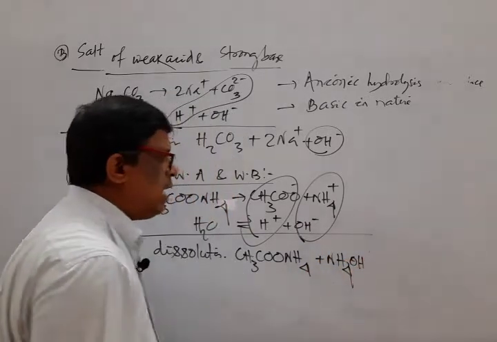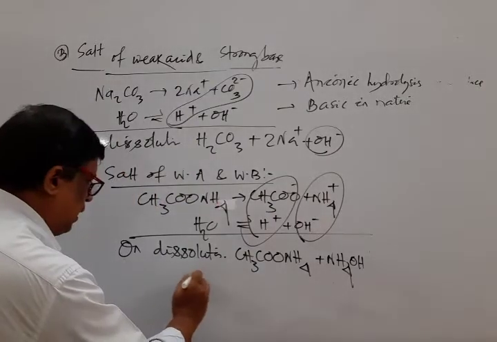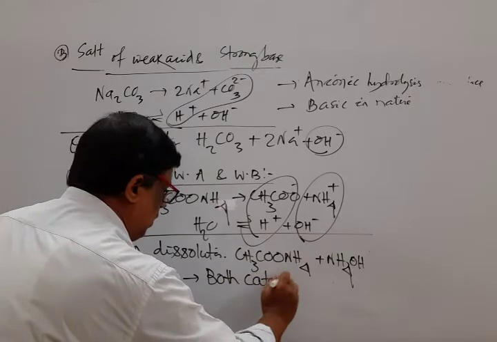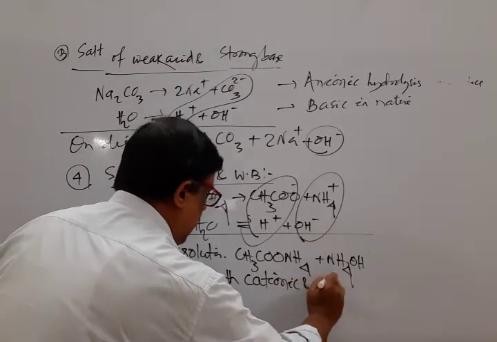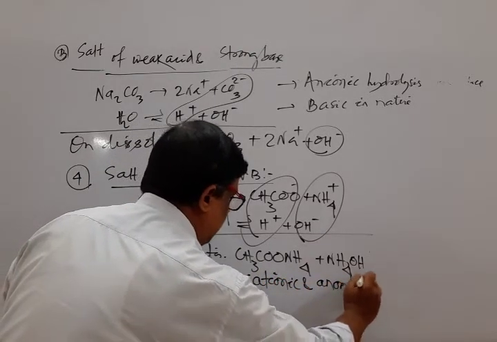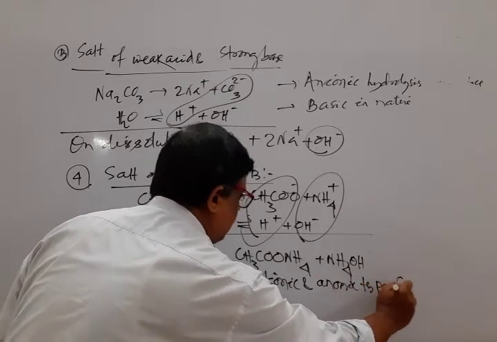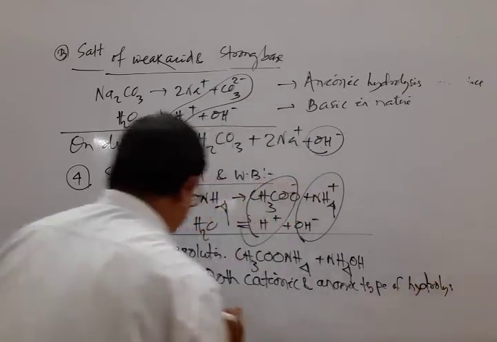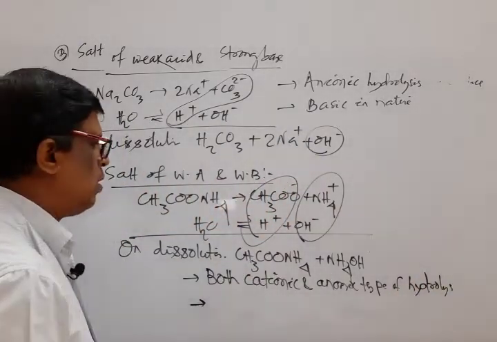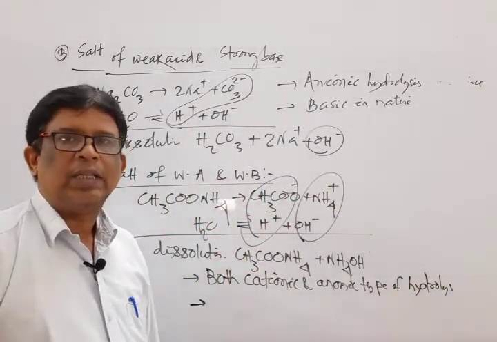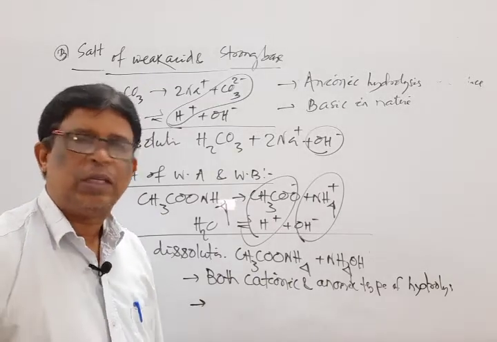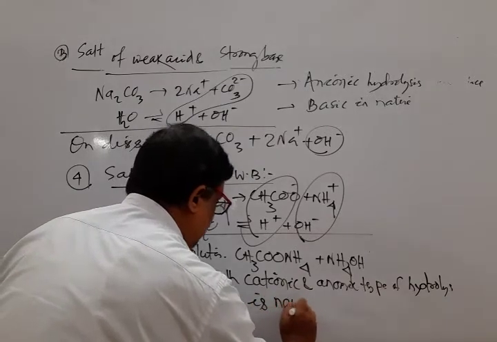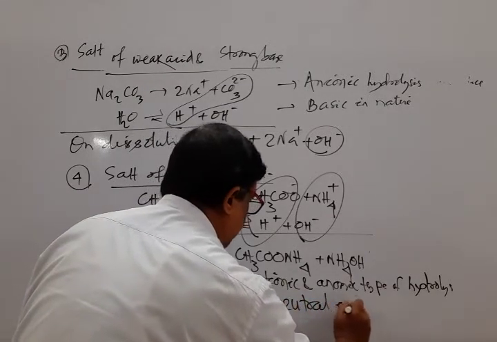So since the cation and anion are combining, we say that it is known as both cationic and anionic type of hydrolysis, and as in this particular case there is the absence of free H plus ion and OH minus ion, the solution is neutral in nature.